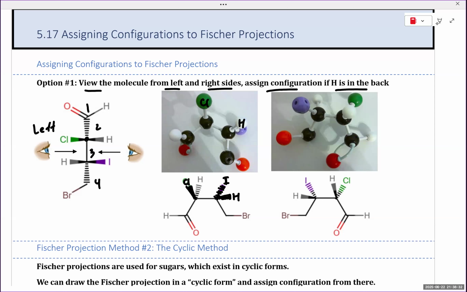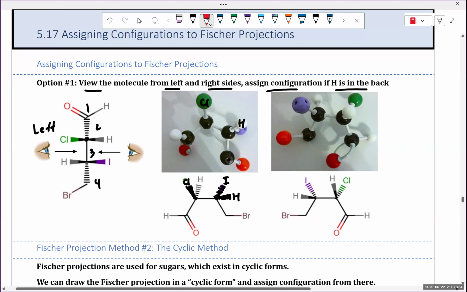Let's take a look at what happens when we view this molecule from the right. So here's the right-hand view. In this case, we see we have the iodine and the hydrogen pointing towards us, while the chlorine and hydrogen are pointing away from us.